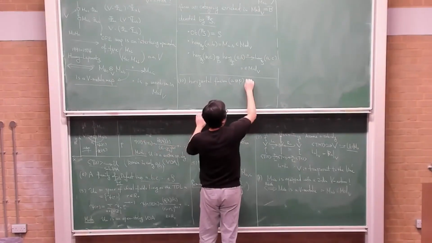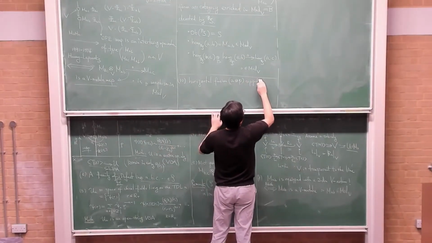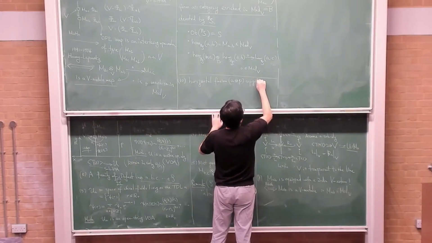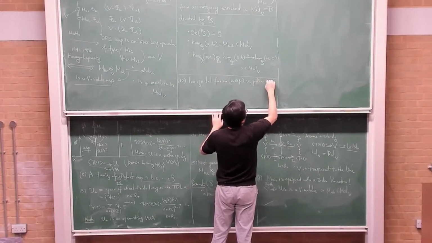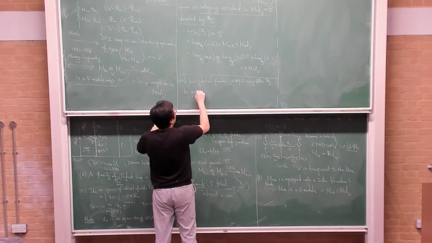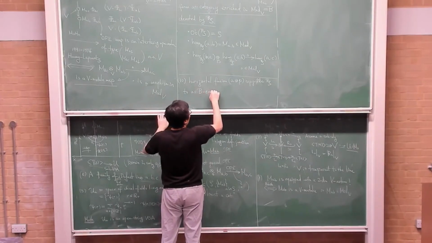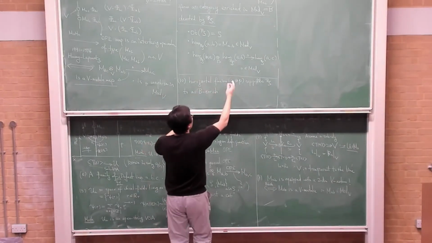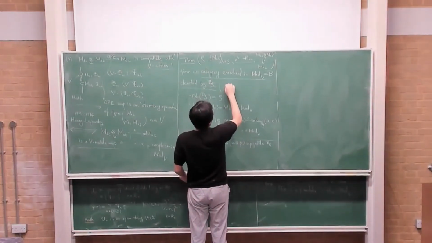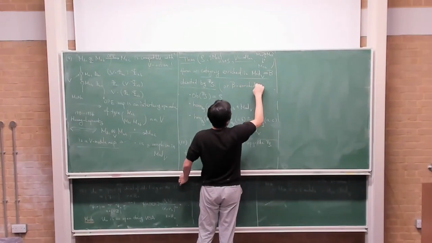Okay, upgrade to a B enriched category. Another name, the popular name, is that we call it the B enriched category.